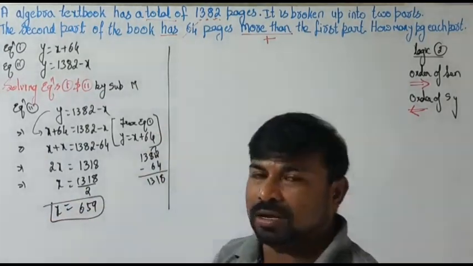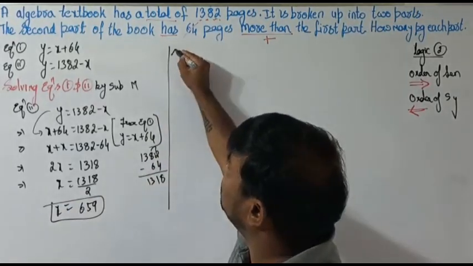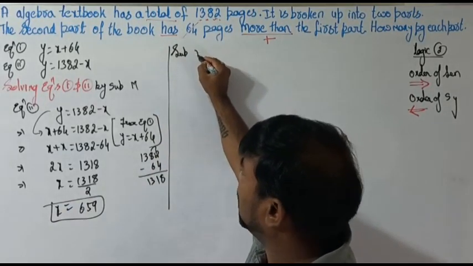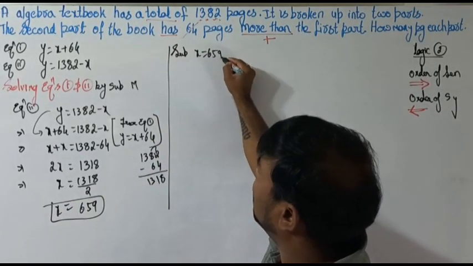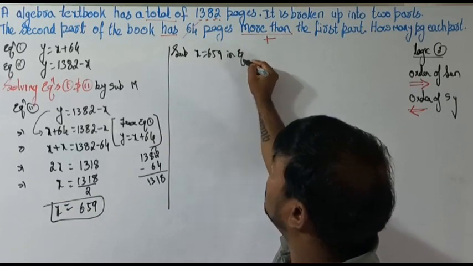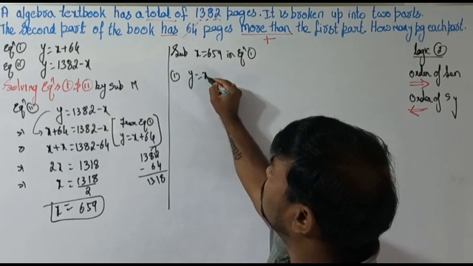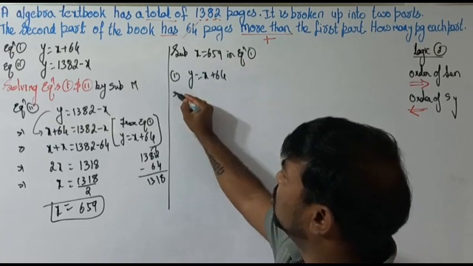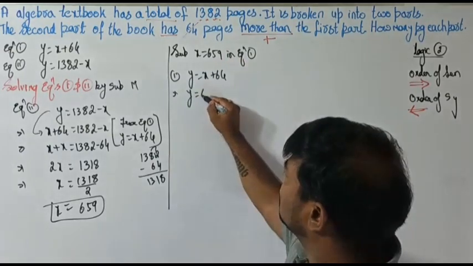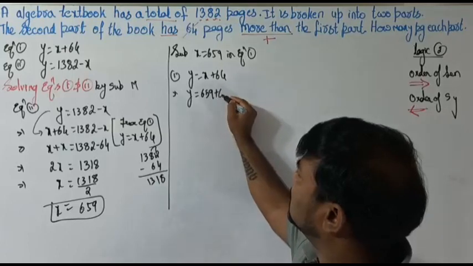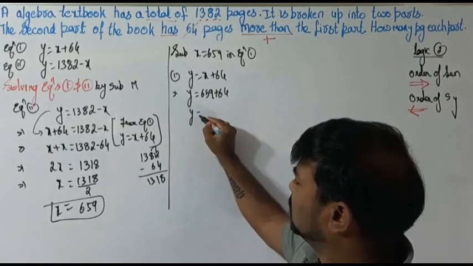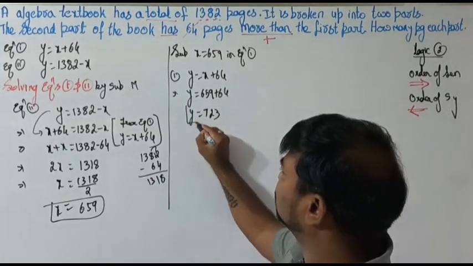Okay, but I need y. So substituting x is equal to 659 in any equation, let me go with the first one. y is equal to x plus 64, so y is equal to 659 plus 64, y equals 723.